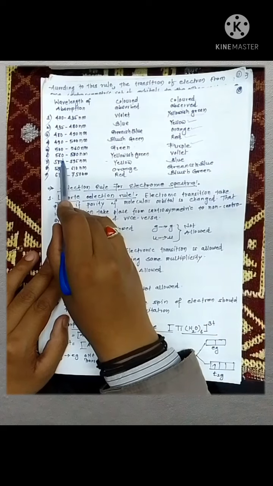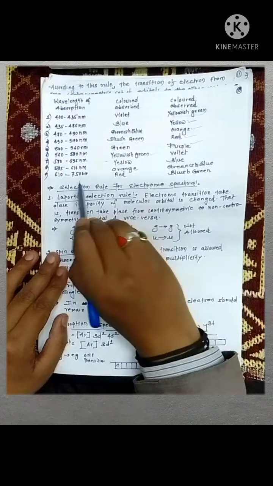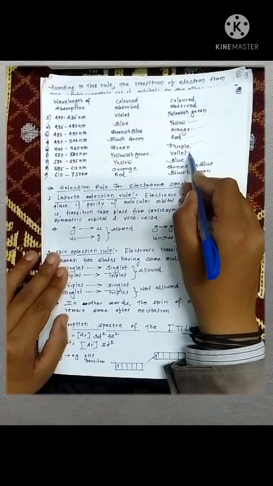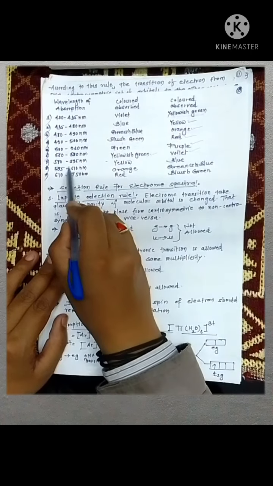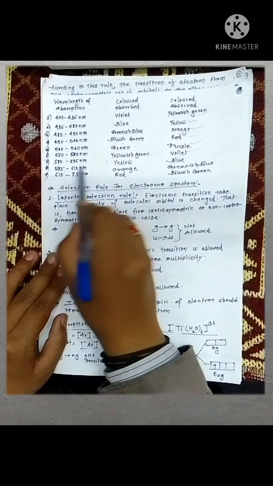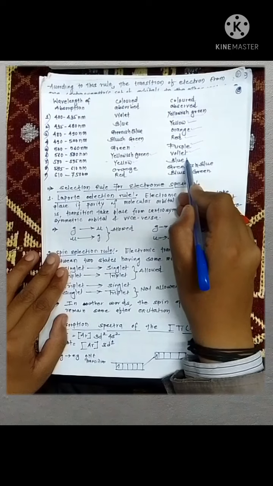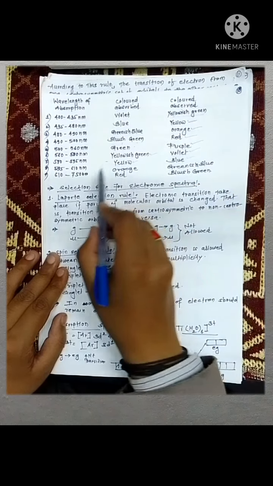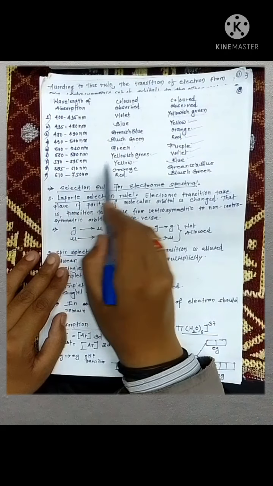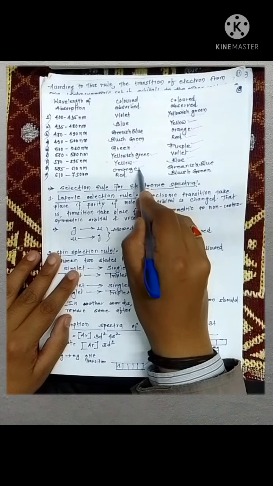560 to 580 nanometer is the region of yellowish green light. When this light is absorbed, the color seen by the observer is violet. 580 to 595 nanometer, yellow light is absorbed and the color seen by the observer is blue. 595 to 610 nanometer is the wavelength corresponding to orange light.